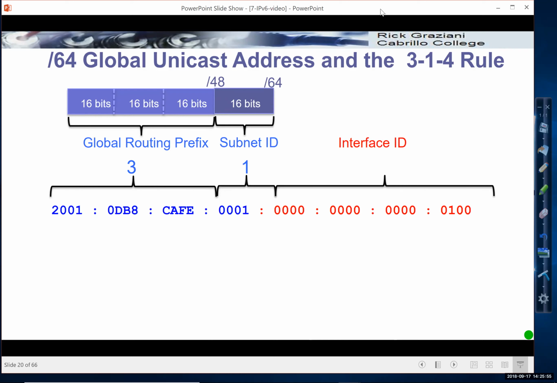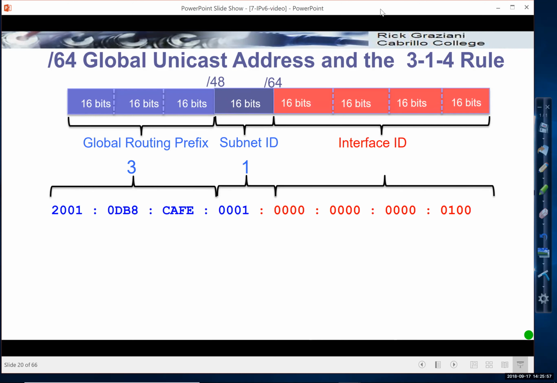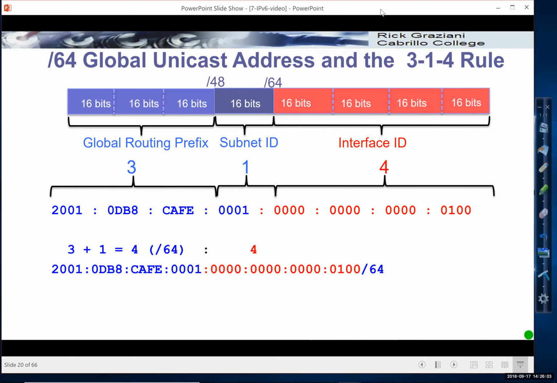And then the next 4 hextets are our interface ID. So that's the 3-1-4 rule. The 3 plus the 1, the first 4 hextets, is the prefix, the network portion. It includes the global routing prefix and the subnet ID. The last 4 hextets are the interface ID.